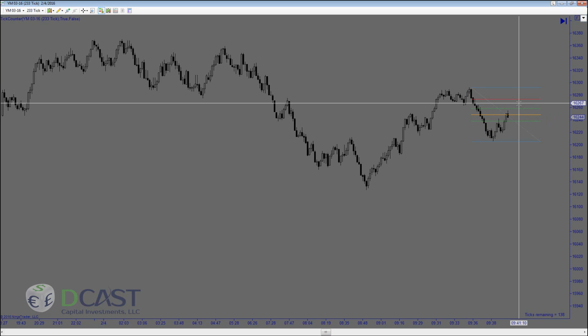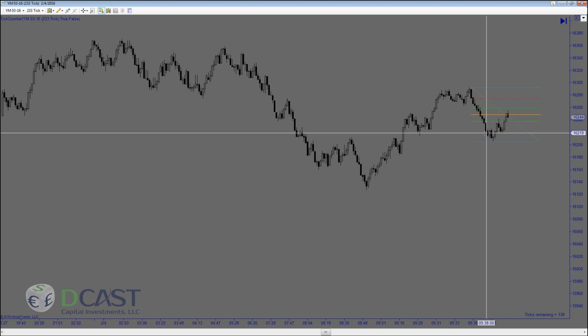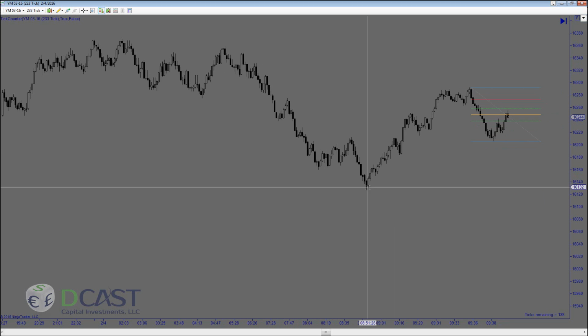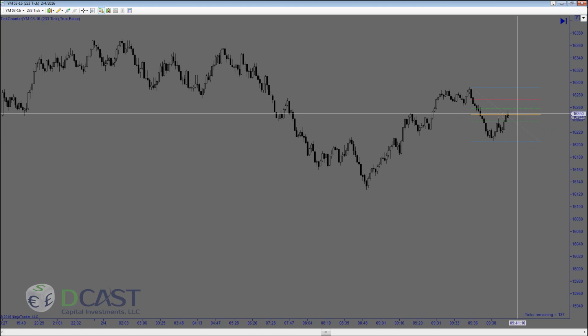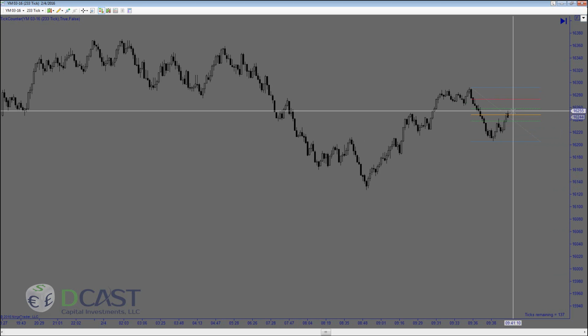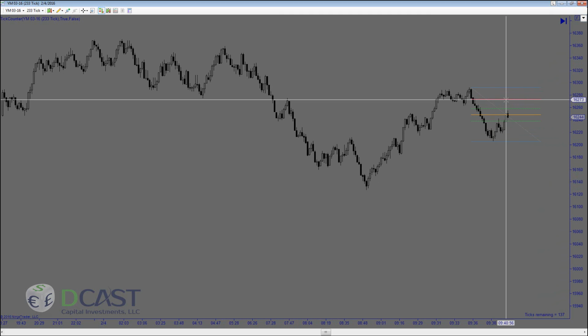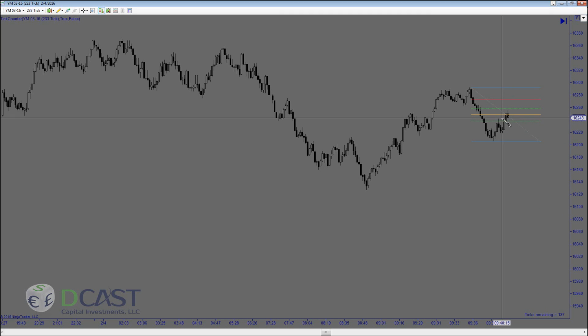Price didn't get as deep as you would expect on a very weak new structure low, but this is a market that was bearish, tried to get bullish, held on, but now it's trying to get bearish again. We had increase in momentum, so it's okay to expect here that price is not going to get very deep into this general area, and it's worth taking that trade to the downside.